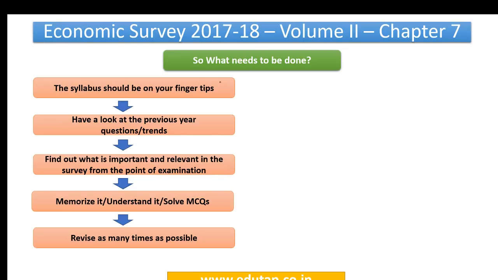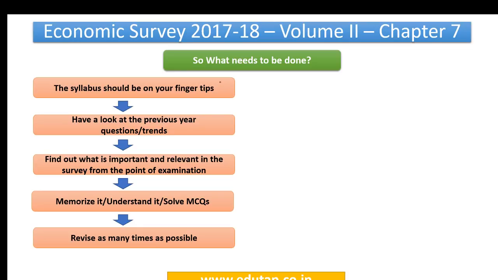Now friends, what we have done is divide the entire survey into 4 dimensions. Under each dimension, we have told you what important things you need to look out for. Now let us talk in a general way about what you need to do whenever you are approaching any exam. You need to be thorough with the syllabus first.